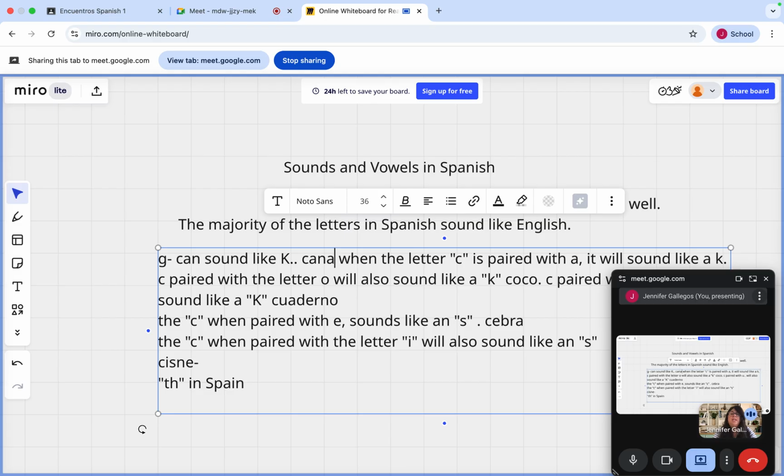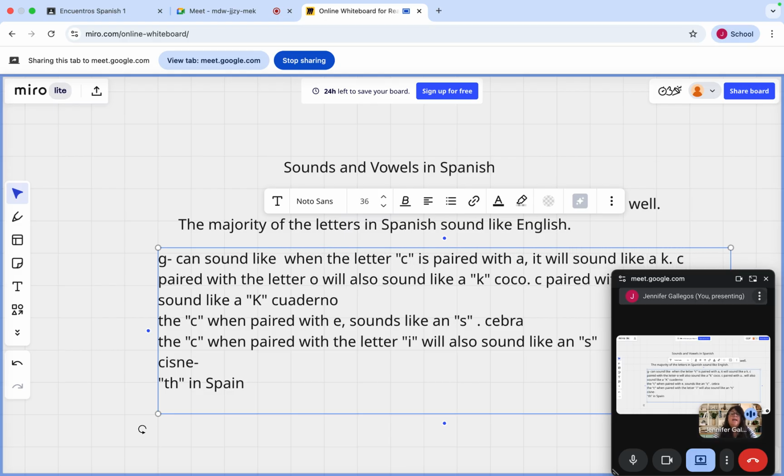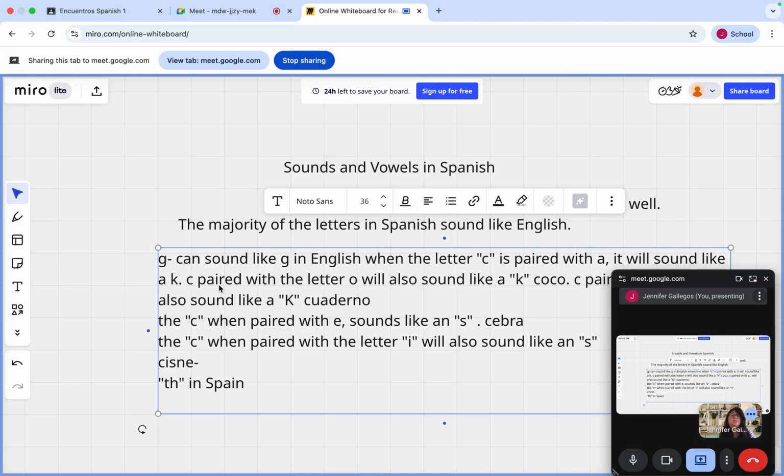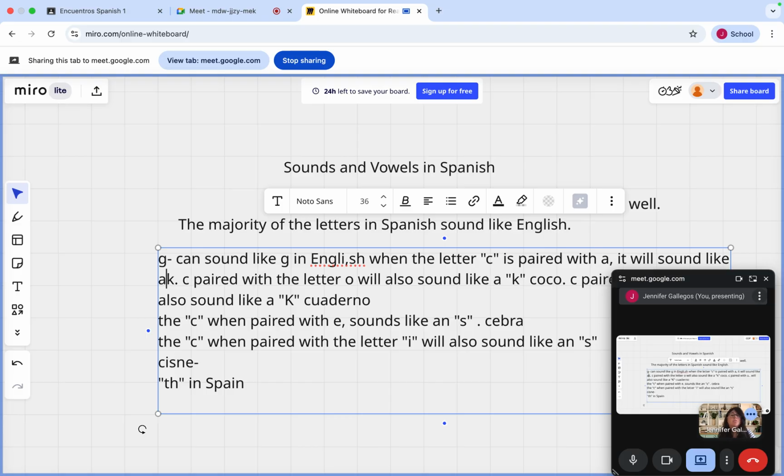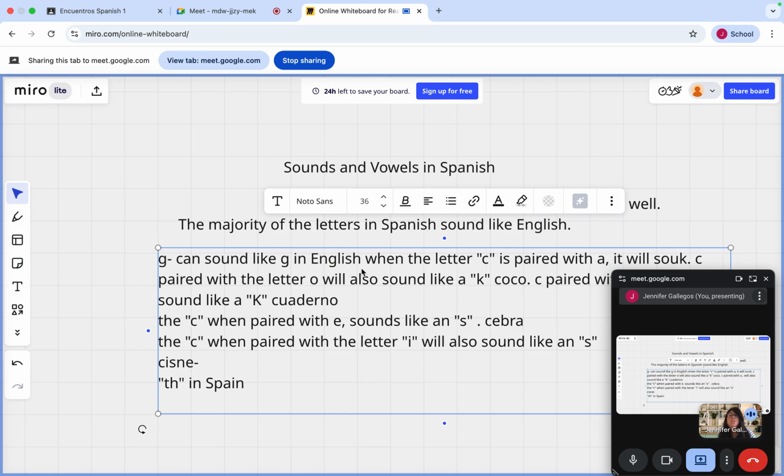So the letter G will sound like the G in English, okay, when the letter is paired with the letter A. So the G will sound like the G when the letter G is paired with A, okay?